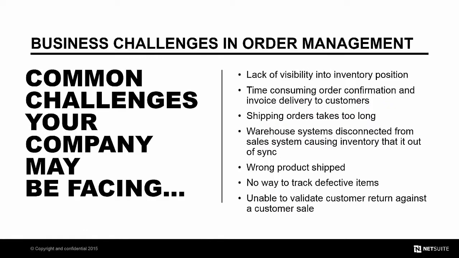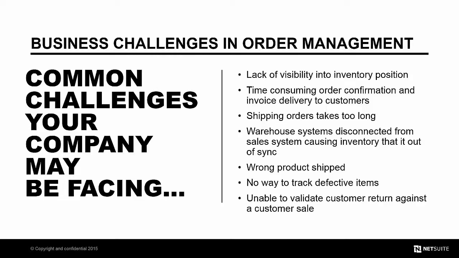Here are some of the most common industry challenges that we have heard in implementing NetSuite for over 3,000 wholesale distribution customers. A desire to grow the business and increase the win rate against competition. A lack of visibility into inventory position, leading to poor customer satisfaction and lost sales.